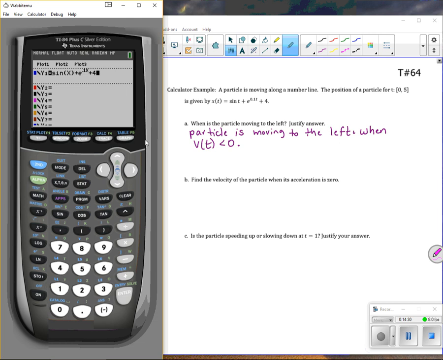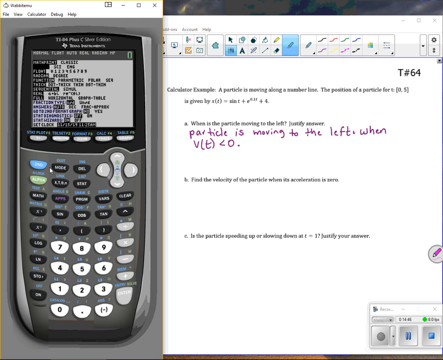Now that's your position. I don't really want to watch them graph position, so I'm going to go back to my equal sign and unhighlight that. I am going to double check that I am in radian mode, which I am.